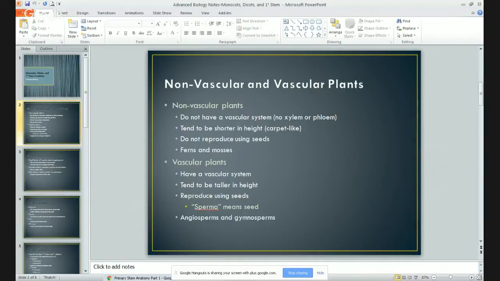Anyway, vascular plants. These, like the name implies, are going to have a vascular system, which we've already talked a little bit about with the shoot apical meristem. We were talking about vascular plants because with the non-vascular plants, obviously, we're not going to have protoxylem or metaxylem or phloem or any of that business.